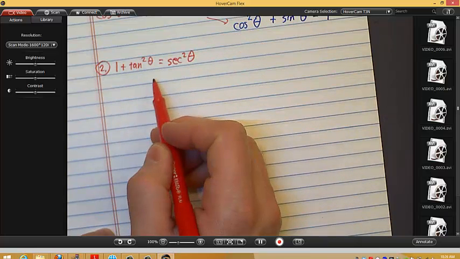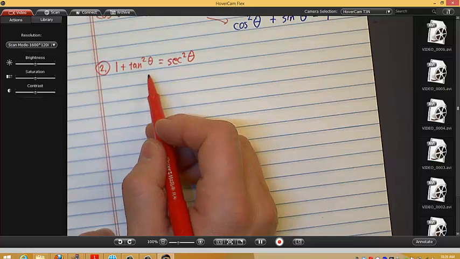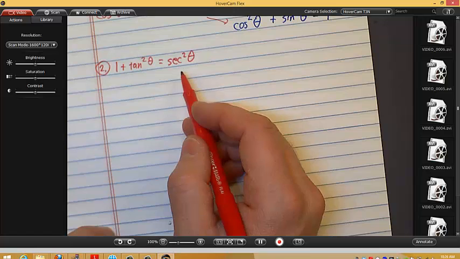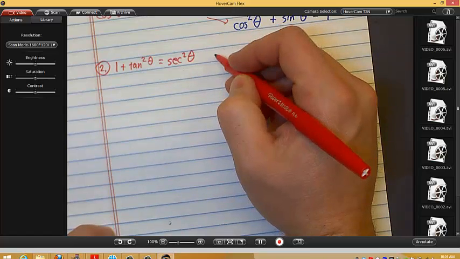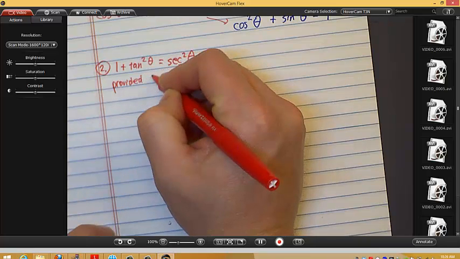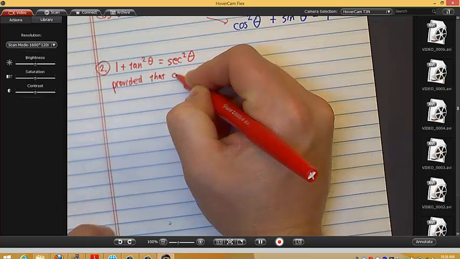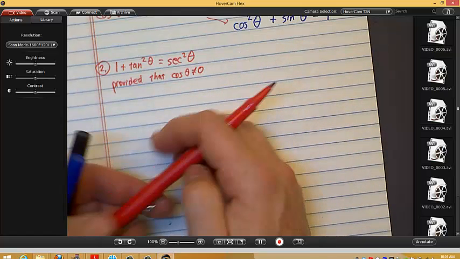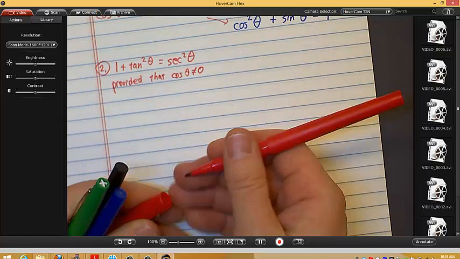Take the tangent of theta, then square it. Take the secant of theta, then square it. And it says, provided that the cosine of theta does not equal 0. Why'd they say that? Yeah, you don't want to divide by 0, right?